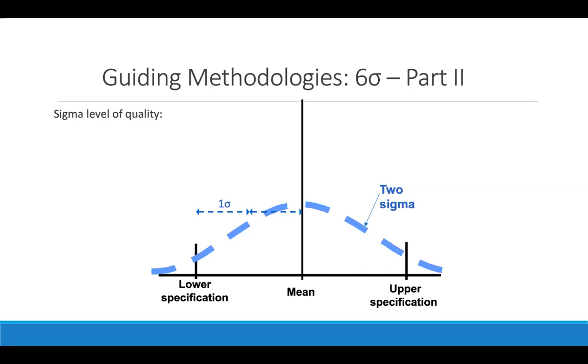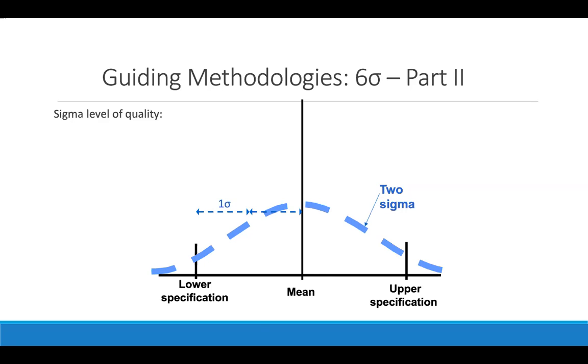So together, less than the mean and greater than the mean are most of my observations, right? So a process that is 2 sigma in this example is how many sigmas I can get from my mean to my lower specification, or from my mean to my upper specification. So this process is a 2 sigma process.